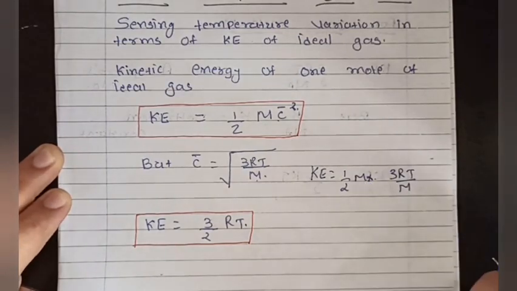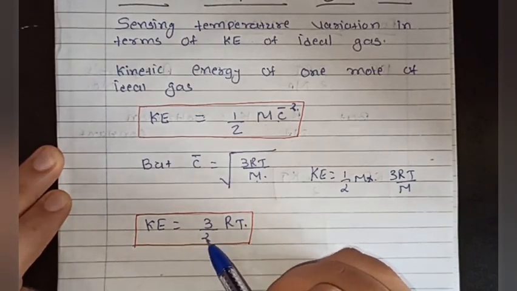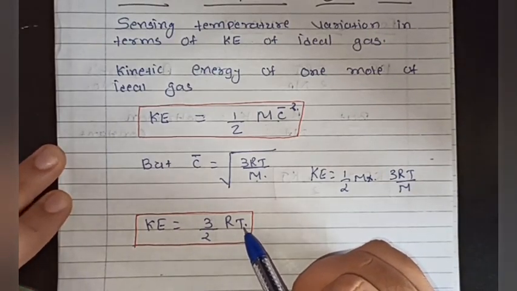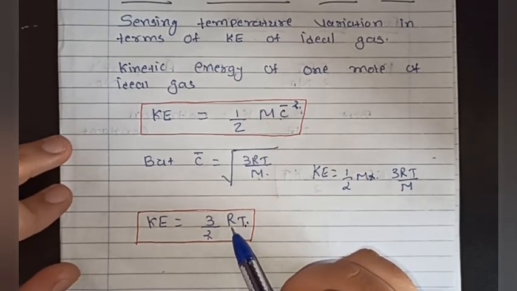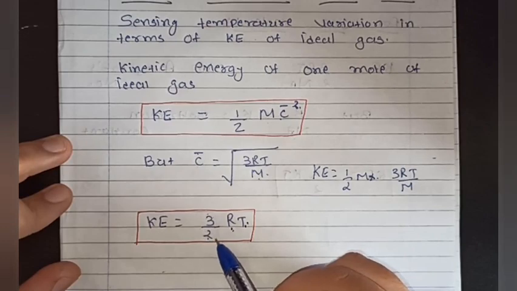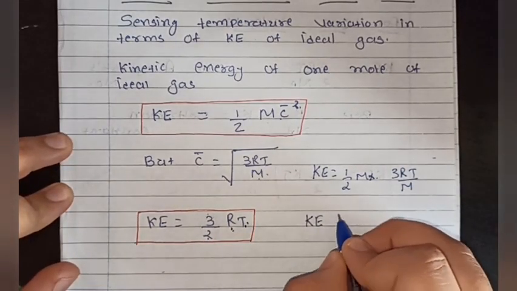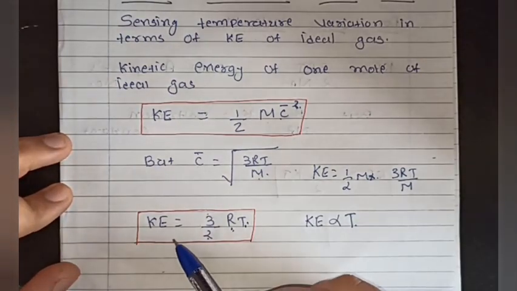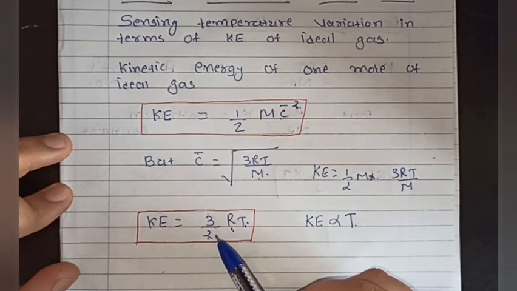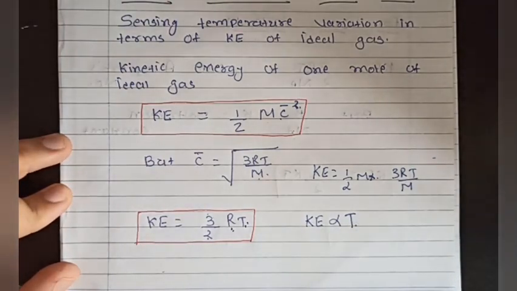This m will get cancelled out, so finally we will get kinetic energy is equal to 3 by 2 RT. Here 3 by 2 and R is the universal gas constant, so all these terms are constant. So we can see kinetic energy is directly proportional to temperature. So as kinetic energy of gas changes, we can say that temperature is also changing.